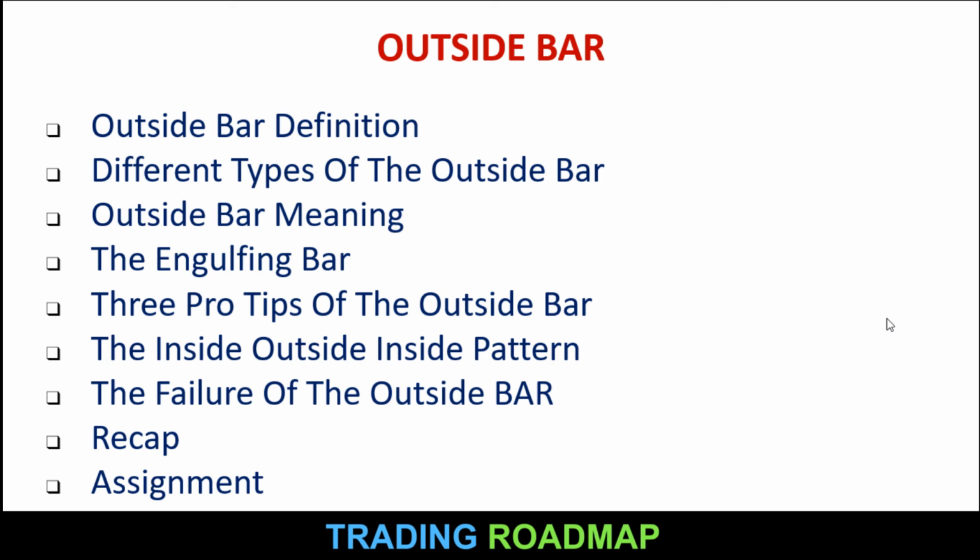So we are talking about very aggressive buyers and sellers here. And also we mentioned the engulfing bar and three pro tips of the outside bar, which were the market structure and understanding the relationship between the outside bar and the previous bar. And also we mentioned the inside outside inside pattern and the failure of the outside bar.